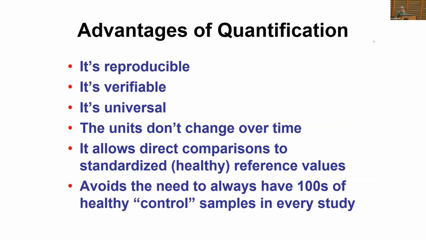It allows us to do direct comparisons of standardized healthy values. So HMDB has hundreds, thousands of these reference values that have been measured in the literature. They're in textbooks and elsewhere. You don't need to have a cohort of, quote, healthy controls. You just look those things up. So this is the advantage of quantification. It also reduces the cost of doing your studies.